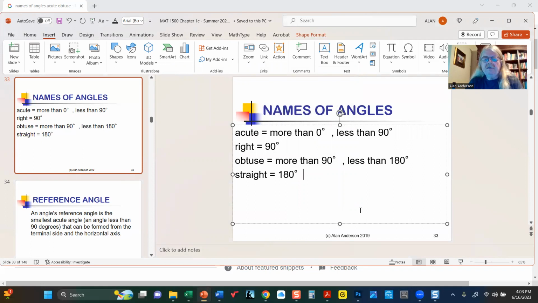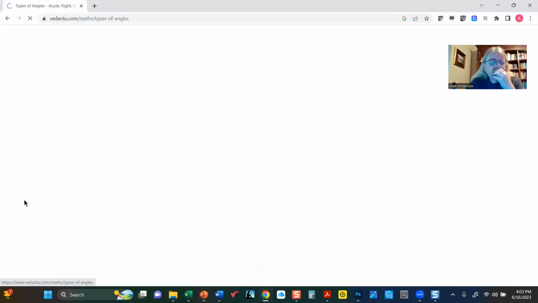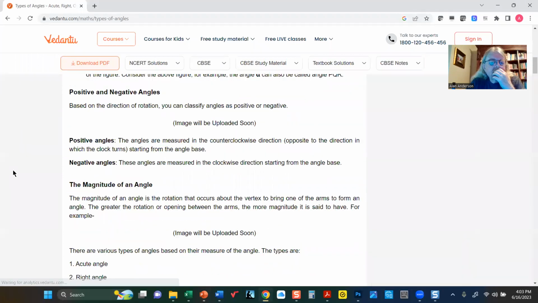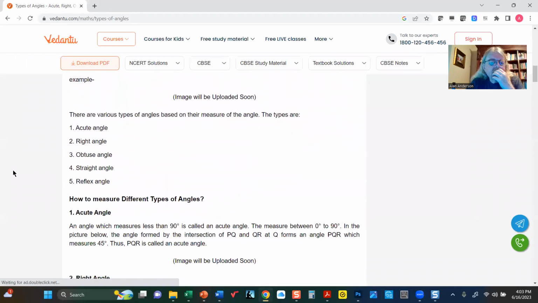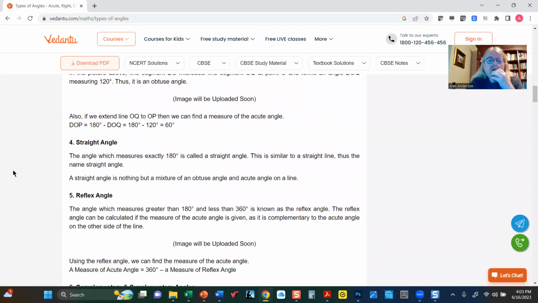Now we need the rest of them. I think there's more. Reflex. Wow, I never heard of that one before.